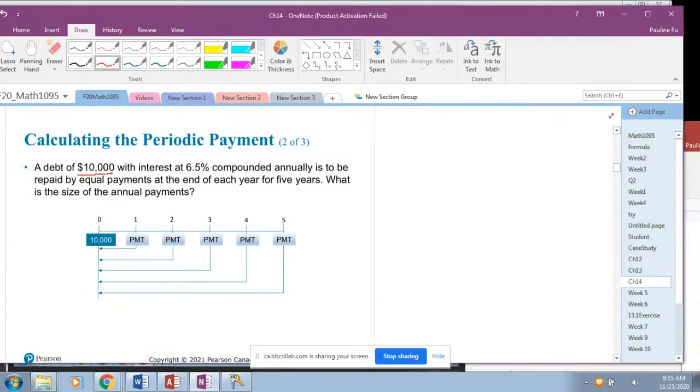A debt of 10,000 with interest 6.5% compounded annually is to be repaid by equal payments at the end of each year for 5 years. What is the size of the annual payment?